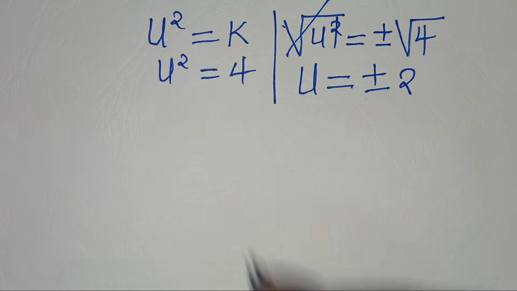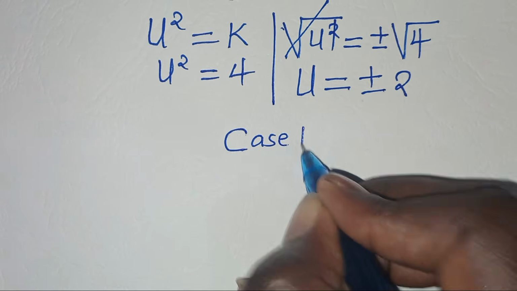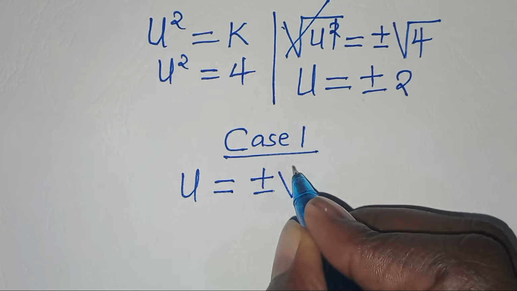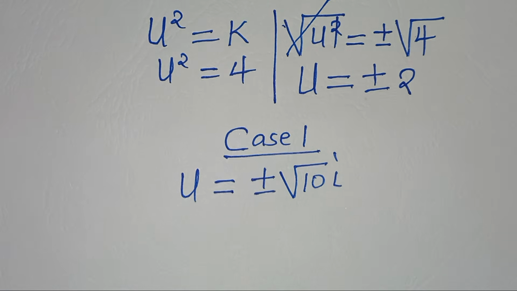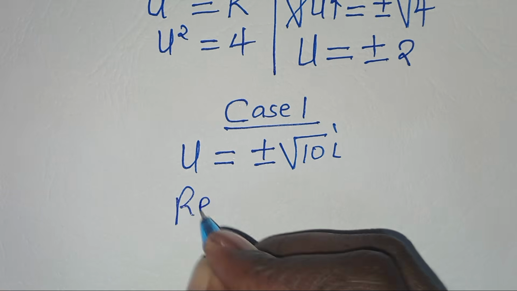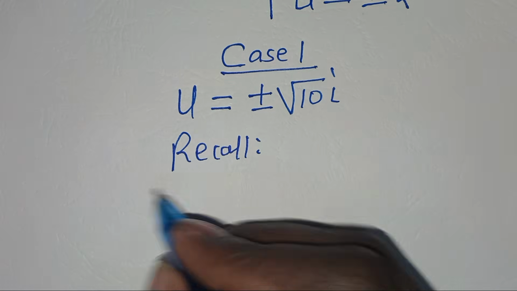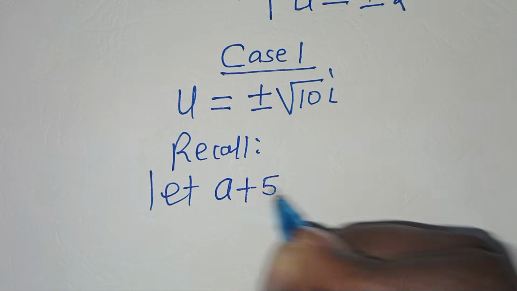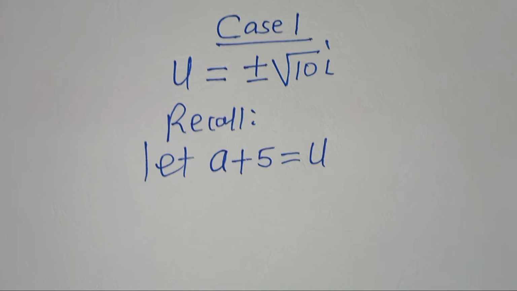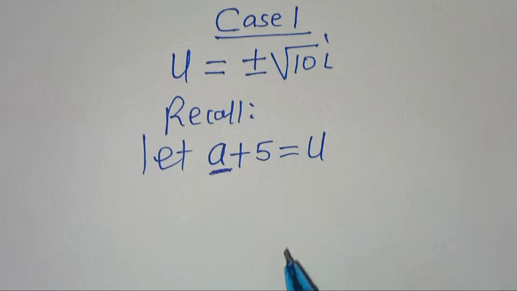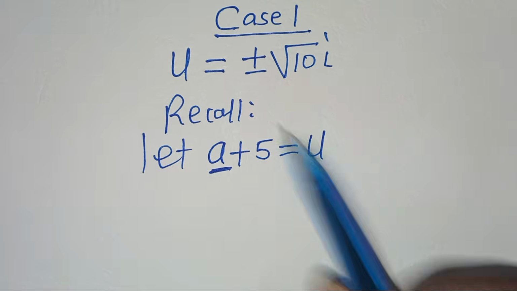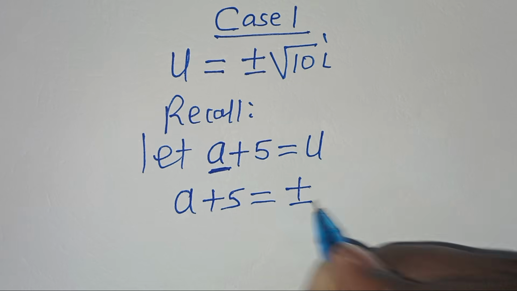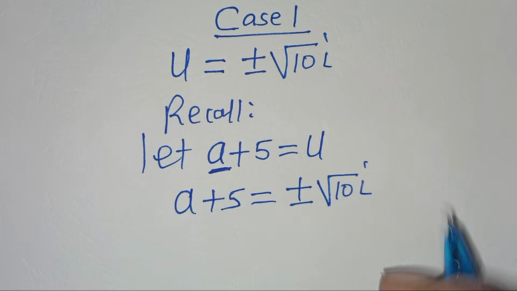Now from case 1, we have u equal to plus or minus root 10i. Now if you recall, we have seen initially that a plus 5 is the same thing as u. So we can easily solve for the value of a. Let's substitute u. We have a plus 5 equal to plus or minus root 10i.